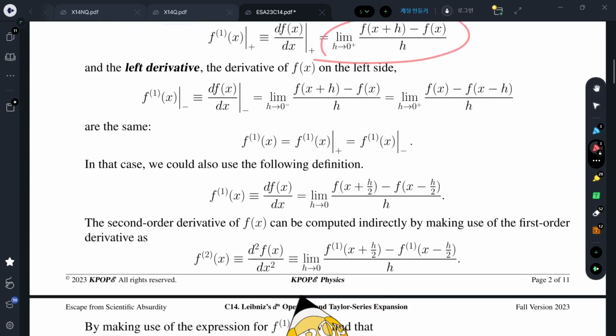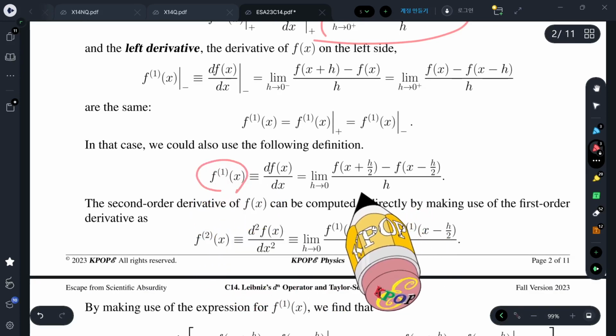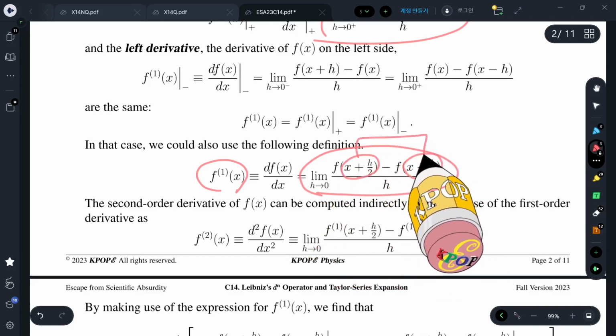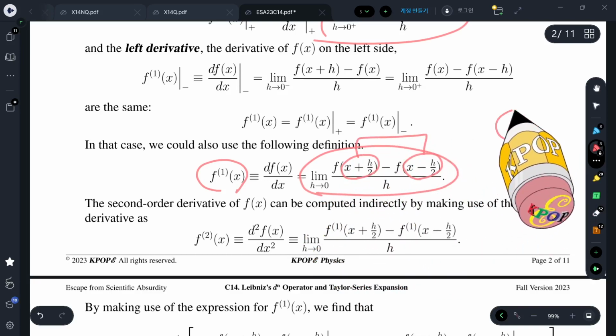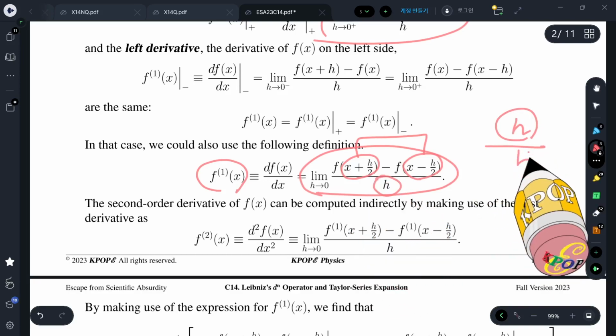This is a way. The first order derivative can be computed in this manner. The difference of the argument is h, and the denominator is h. Okay?